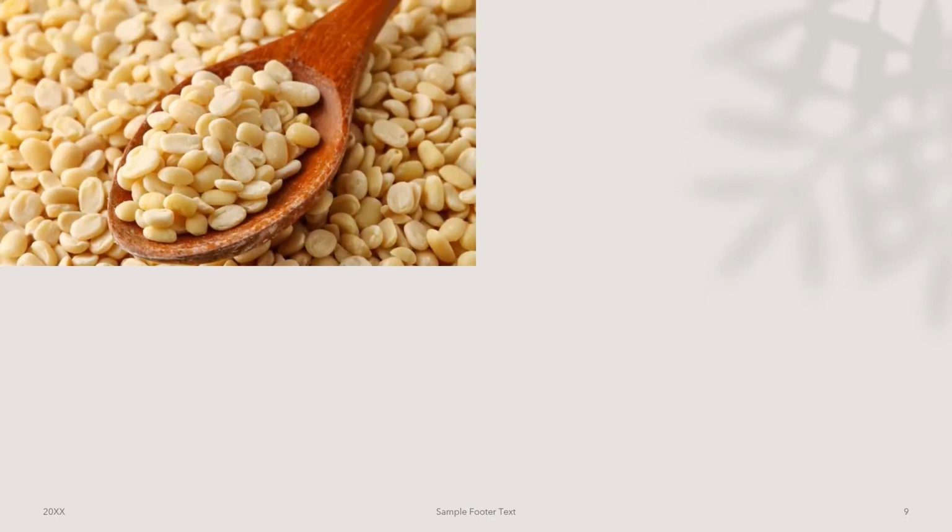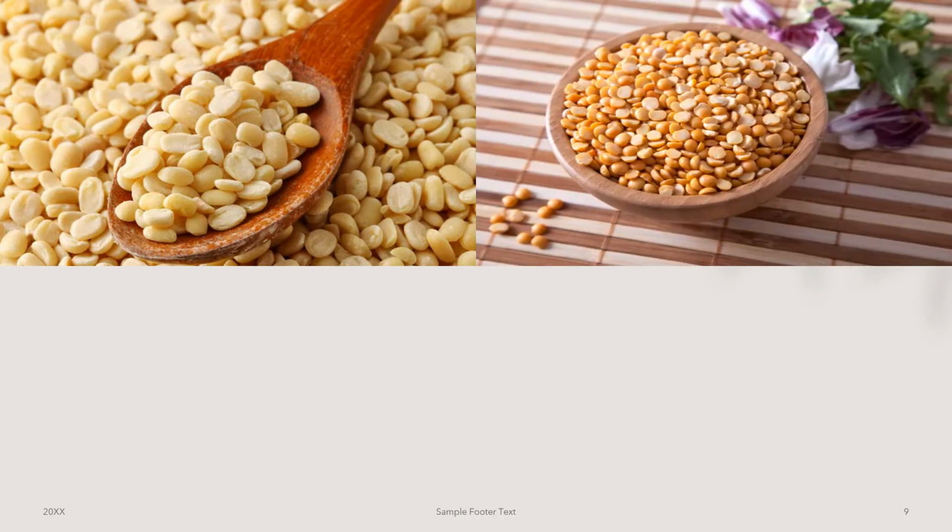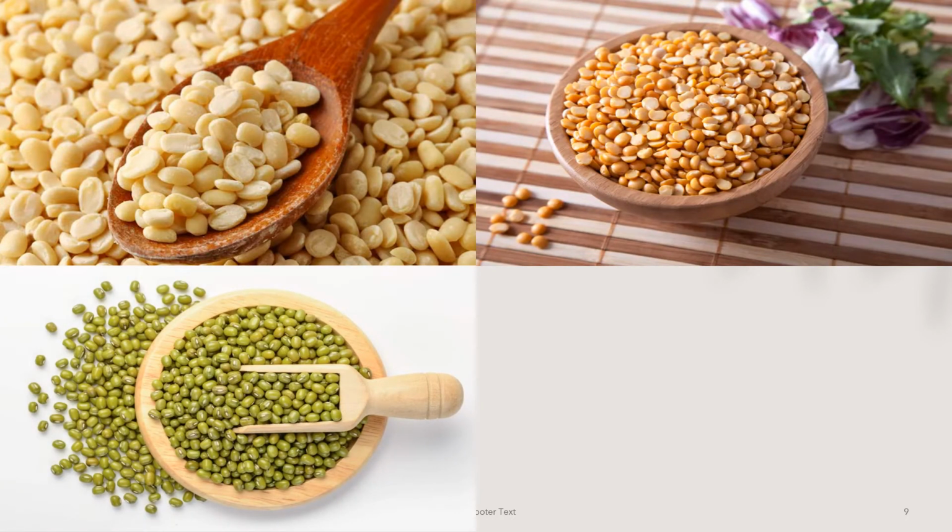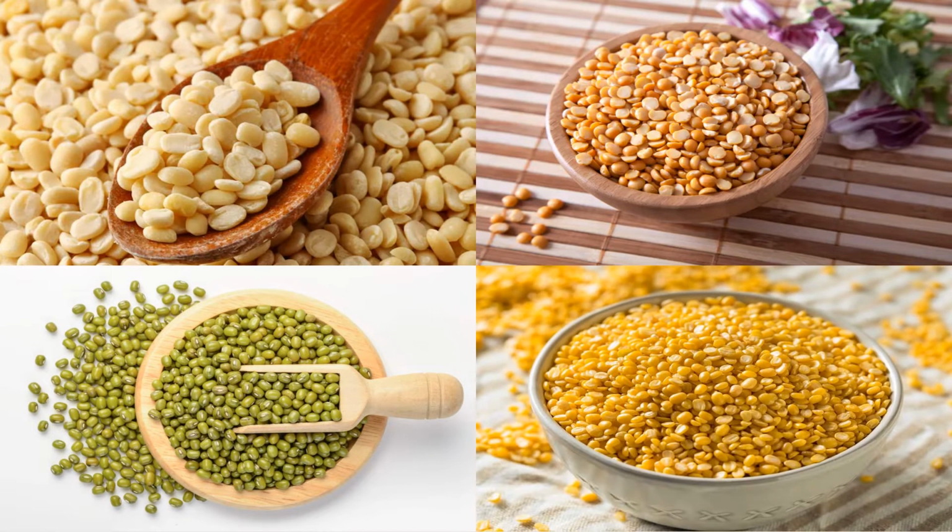Next is pulses. Different pulses are this is moong dal, chana dal, then we have gram, then we have urad dal. So these are some of the dals, or you can call it as pulses.